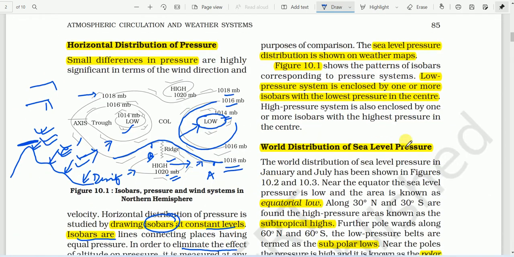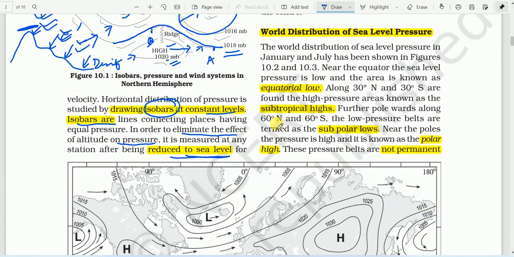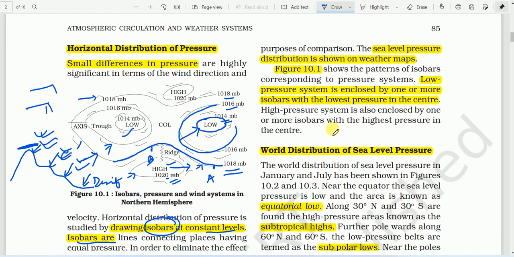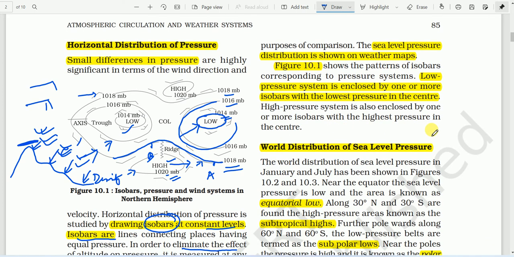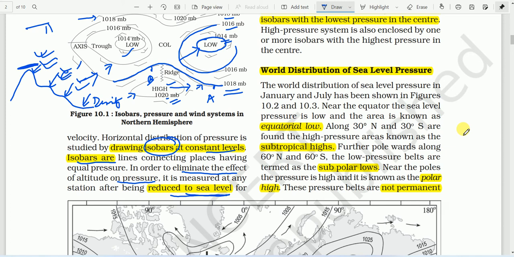And the sea level pressure distribution is shown on weather maps. This is an example, and this is about the horizontal pressure distribution. Okay, let us continue. Now we have the world distribution of sea level pressure.